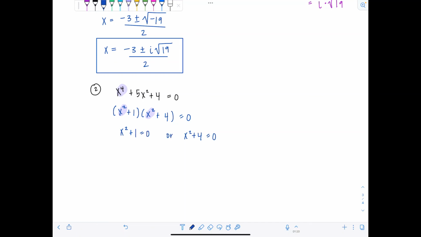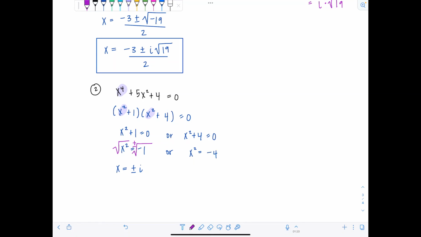And then from there, I can use the square root property, a little bit easier to solve. So this means x squared is equal to negative 1. When I take the square root of both sides, remember we have to put a plus or minus in front of that square root sign. So I get x equals plus or minus the square root of negative 1 is i. Or we have x squared equals negative 4.